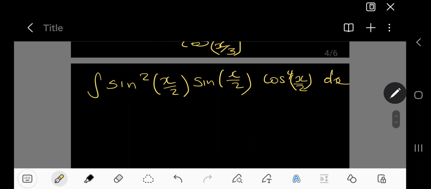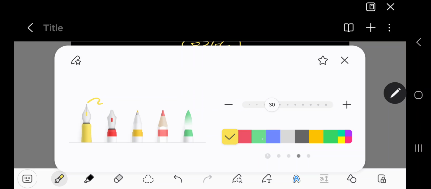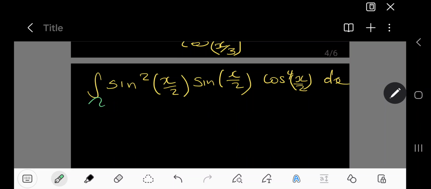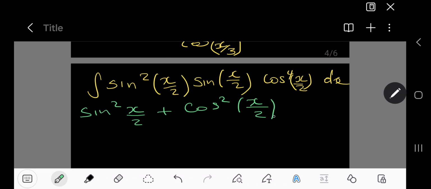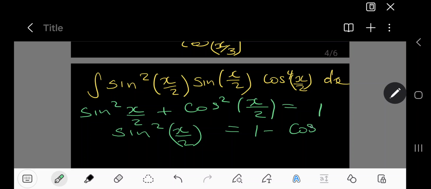So now we've got this one which we can change. Remember, you remember that trig identity which says sine squared x, in this case let's just say x over 2, plus cos squared x over 2 is equal to 1, which makes sine squared x over 2 equal to 1 minus cos squared x over 2.